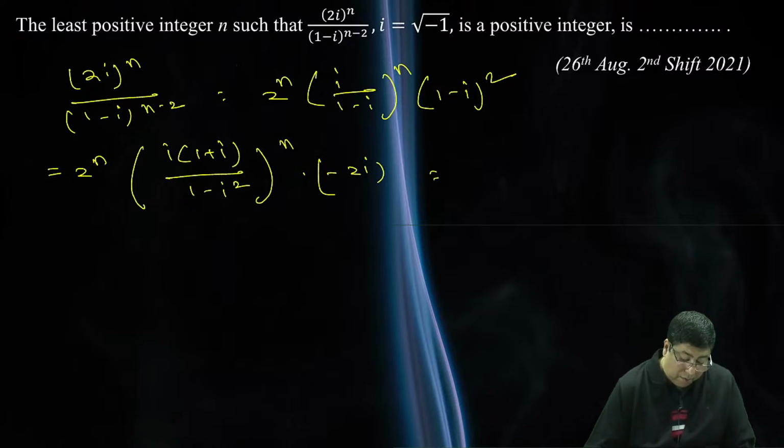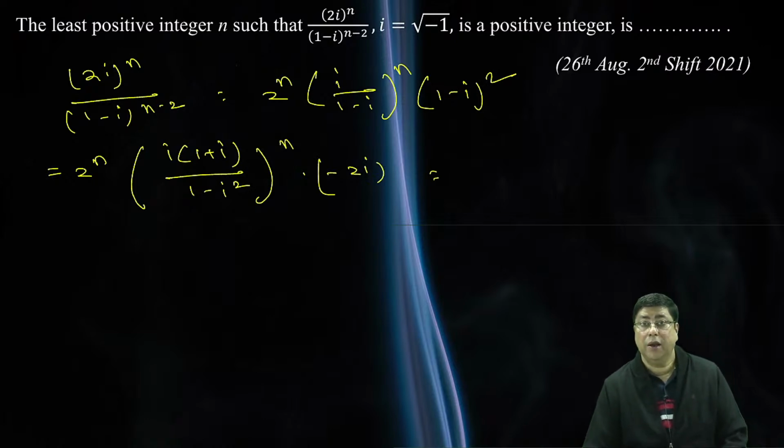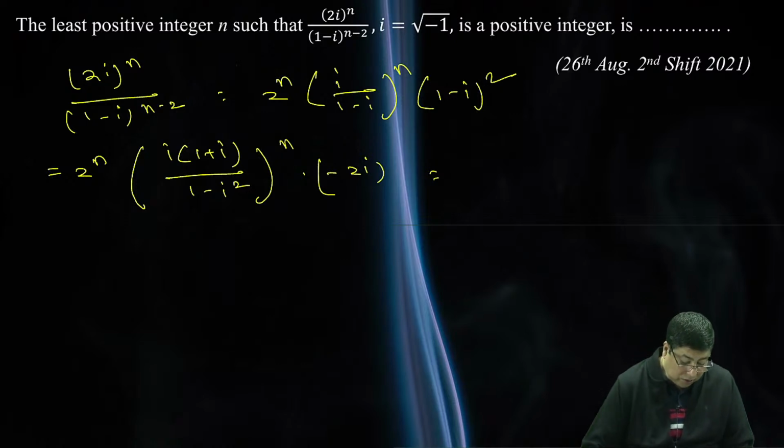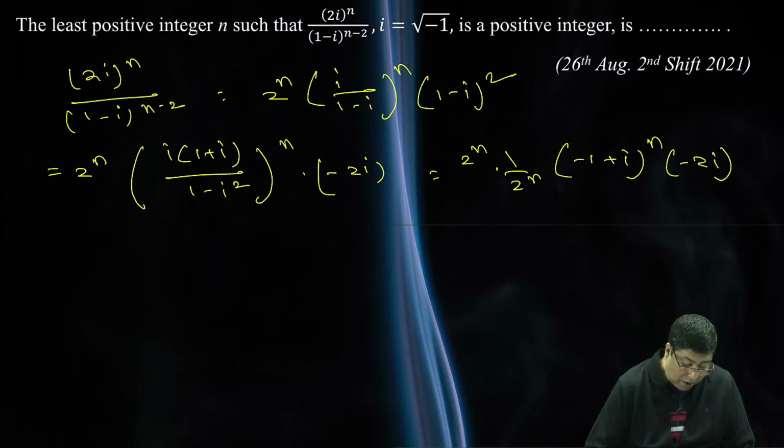Okay, so -2i because (1 - i)² is 1 + i² - 2i, that is why -2i. So if we write this, it is coming 2^n, outside comes 2^n, (-1 + i)^n into -2i.